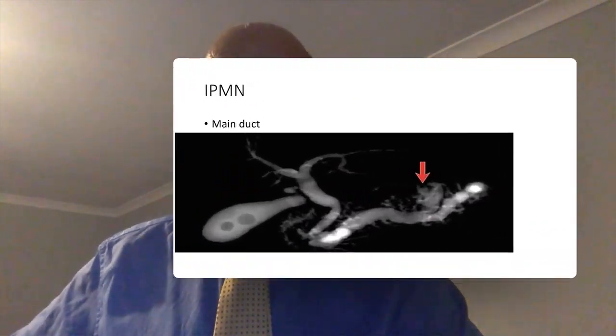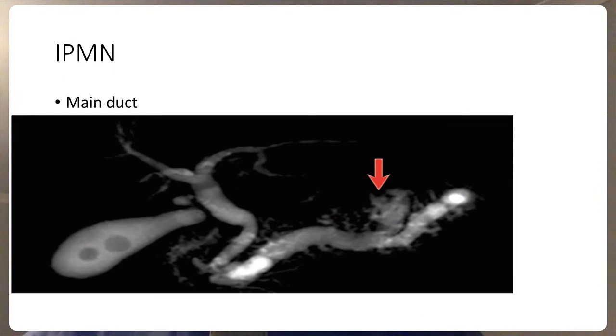I've chosen some pictures for you to show you how the IPMN appear. So this is an MRI of the pancreatic duct taken from a picture for MRCP. As you see, the pancreatic duct here is quite dilated. It's bigger than 10 millimeters, and there is a cyst associated with it as well.